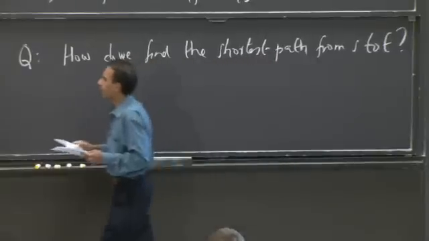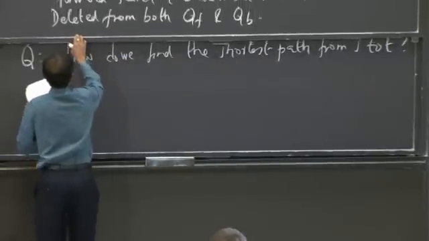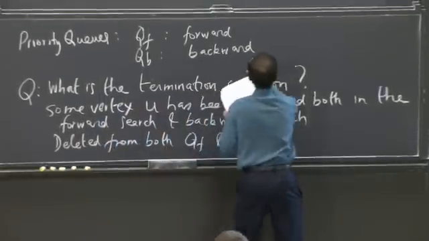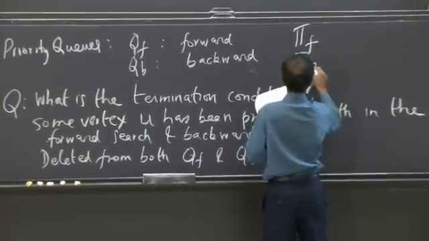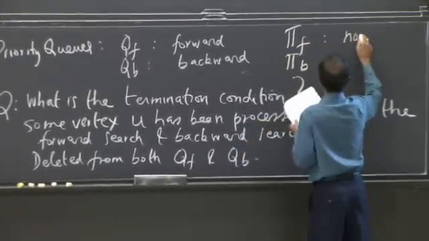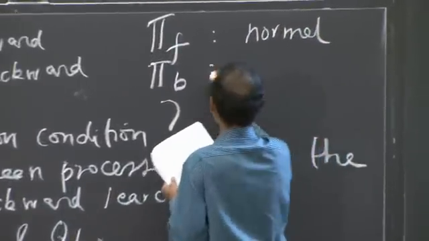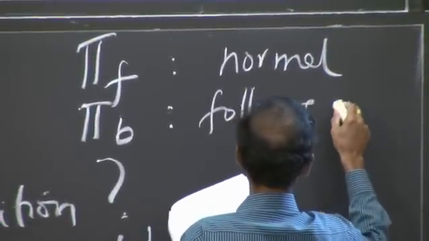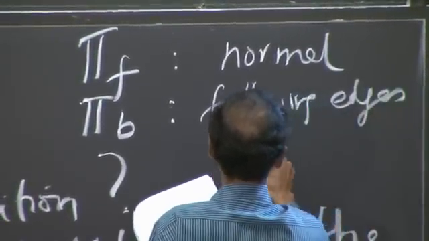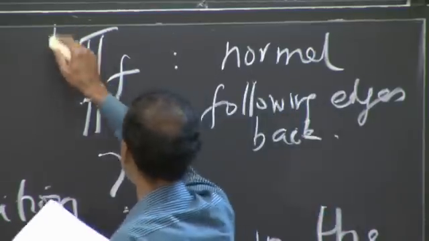Okay, and I should say specifically, and I forgot to put this up, that we're going to have pi F and pi B, which is sort of the normal data structure, and pi B is following the edges backward. So in some sense, the predecessor.